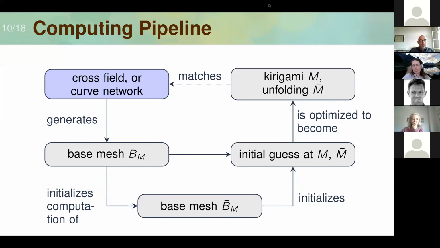The curve network can be seen as the designer's choice. And we can just build a Kirigami structure on top of the base mesh without knowing that when cutting, when slicing it open in the way described, there will be an unfolding. So directly from the base mesh, we can get an initial guess at the Kirigami structure.